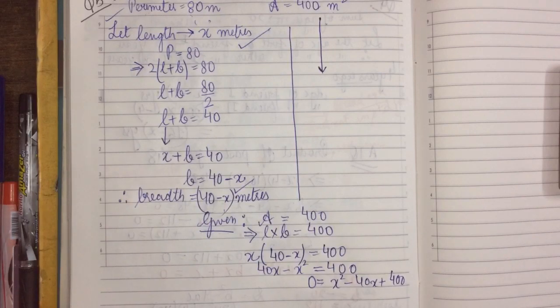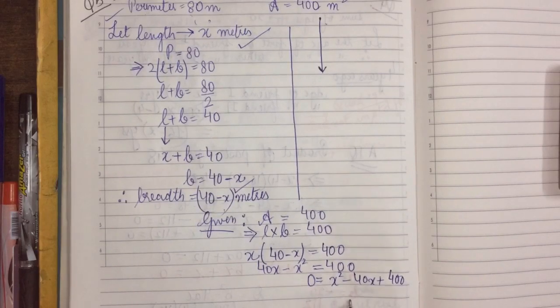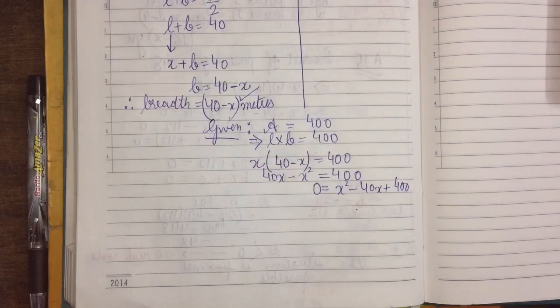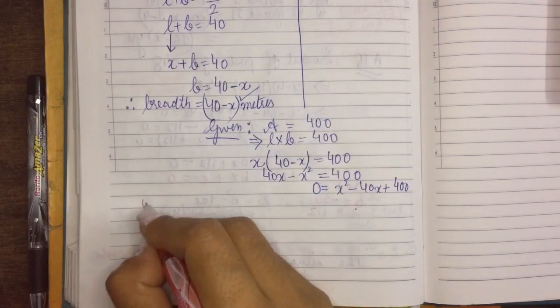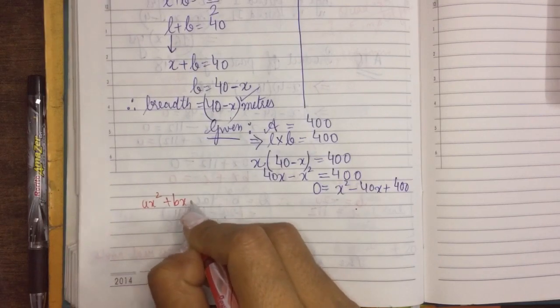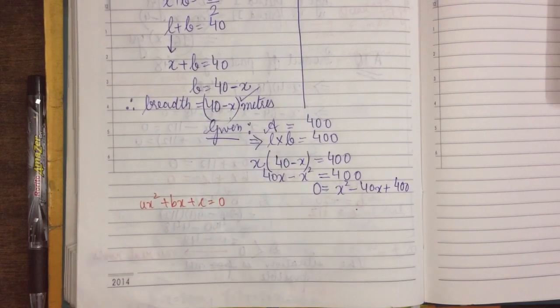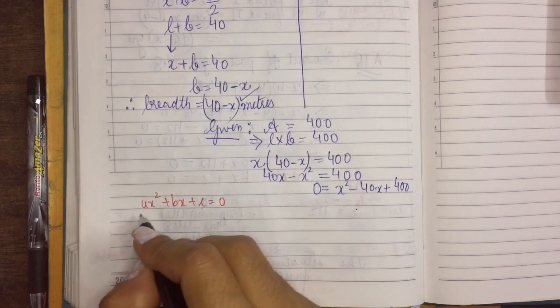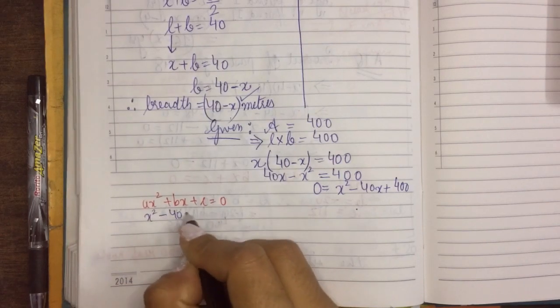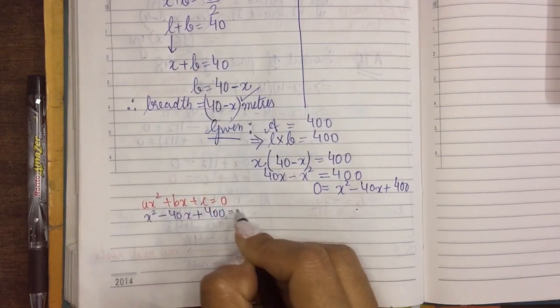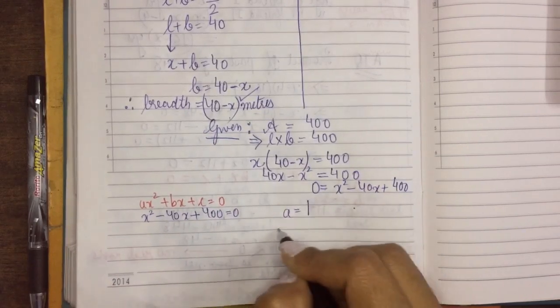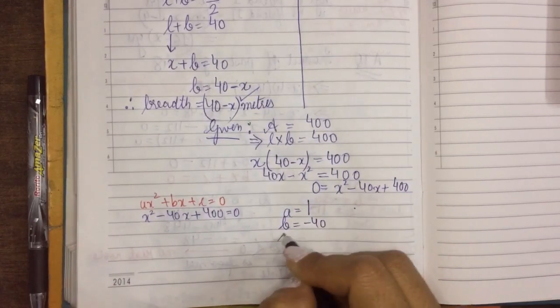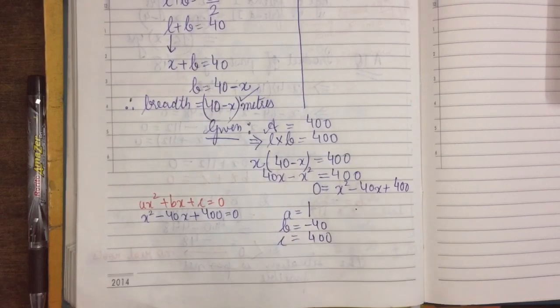Now to see whether or not such a situation is possible, I'm going to look at the discriminant of this equation. And to do so, first of all, I will identify a, b, c. Comparing this equation with the standard form, ax square plus bx plus c equals 0. My equation is x square minus 40x plus 400 equals 0. A is 1, B is minus 40, C is 400.